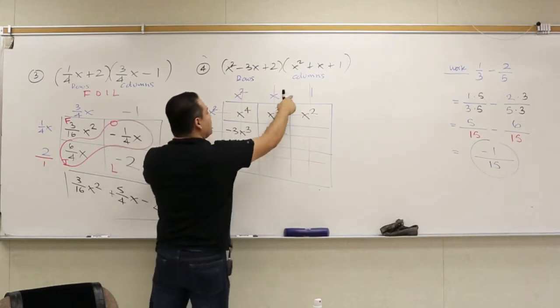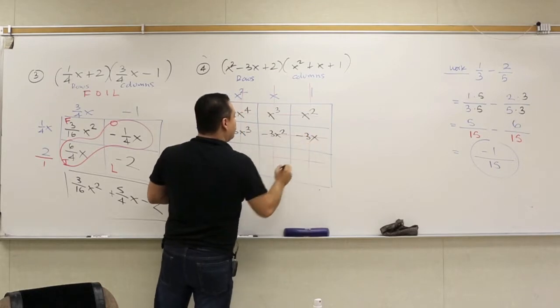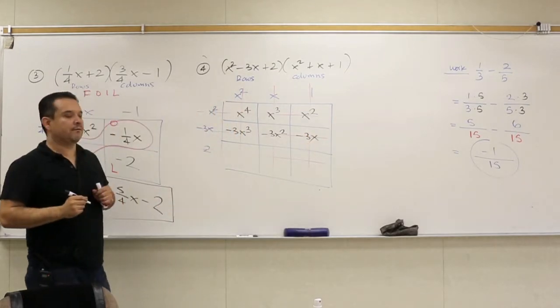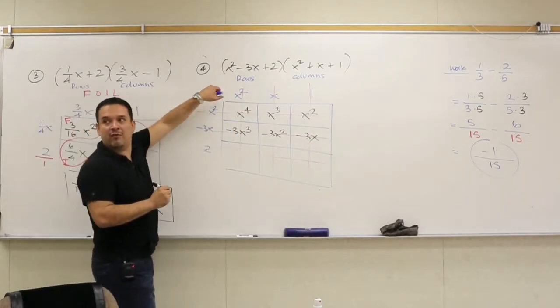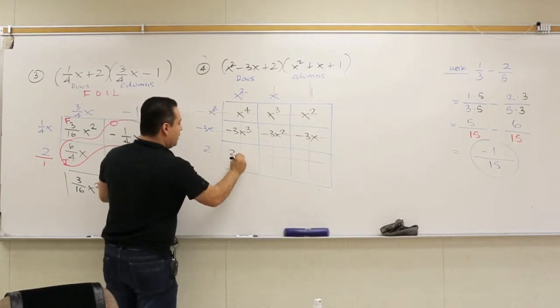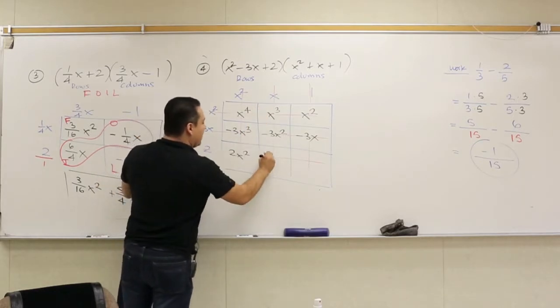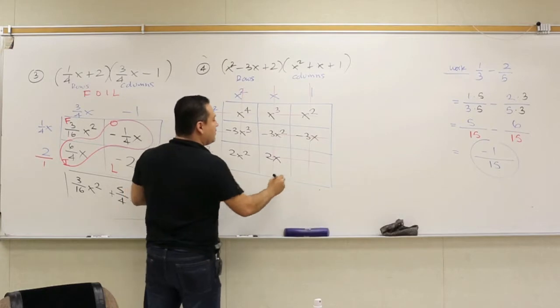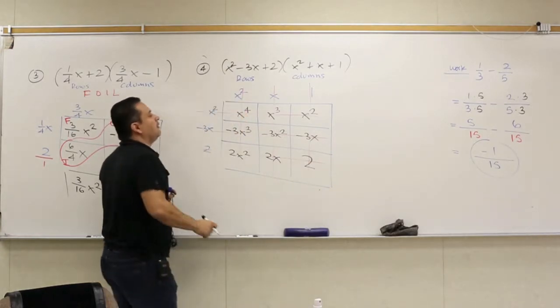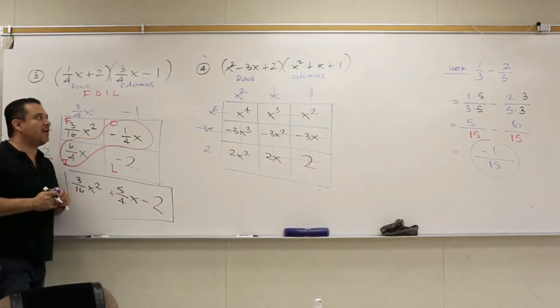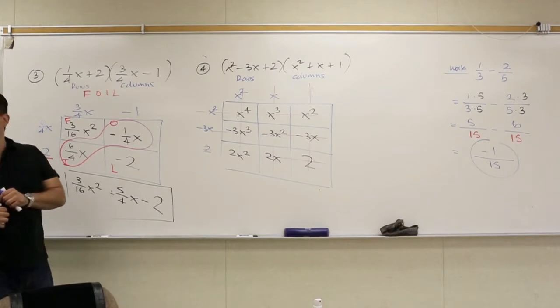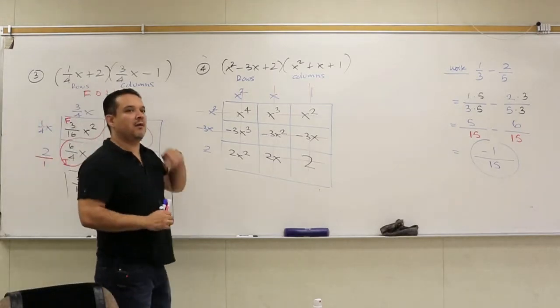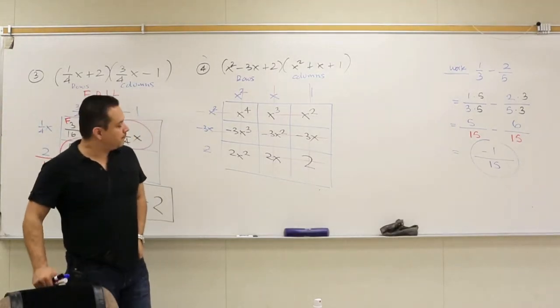And minus 3x times 1. Then I got a 2 times x squared. What do you get there? I got a 2 times an x. What's that? And I got a 2 times 1. What's this? So notice I got like 9 problems really to do for the price of 1. One good one.